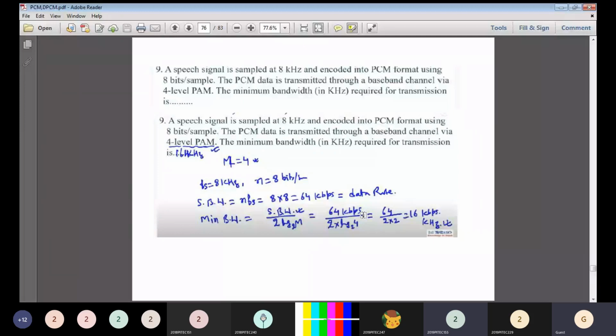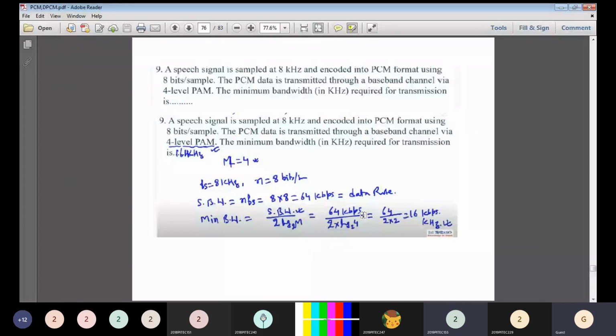Okay, so we know that the quantization level, capital L or capital M, we can represent in both variables equal to 4. The sampling frequency fs is equal to 8 kilohertz, and small n equal to 8 bits.